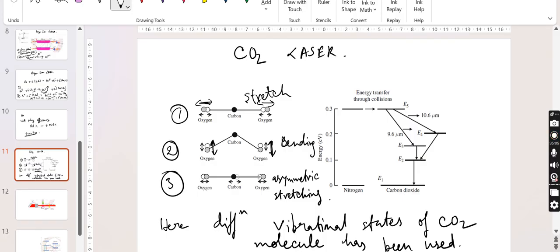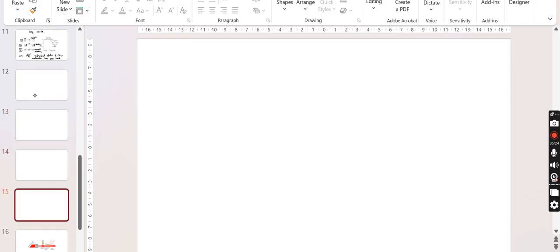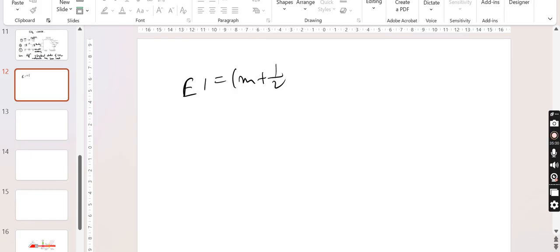Each of these modes is characterized by a definite frequency of vibration. According to quantum mechanics, these vibrational degrees of freedom are quantized. So when a molecule vibrates in any of the modes, it can have only a discrete set of energies. Thus, the energy is given by this equation, and if it's vibrating with frequency nu1, the energy will be E1, and m can be 0, 1, 2, 3.